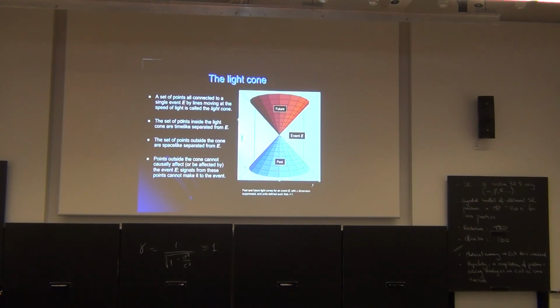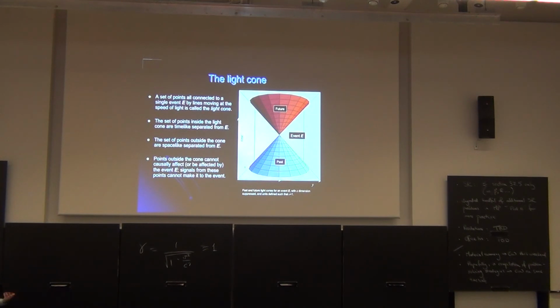All right, so all points are connected to this event, E, by lines moving at the speed of light, or representing motion at the speed of light. And so that's what these things are supposed to represent. And it's a 2D cone here, if you think about it. It's just rotated through 360 degrees. All right, so if you look inside one of these cones, so inside this red cone in the future, or inside this blue cone in the past, all points inside these cones are time-like separated from this event here.